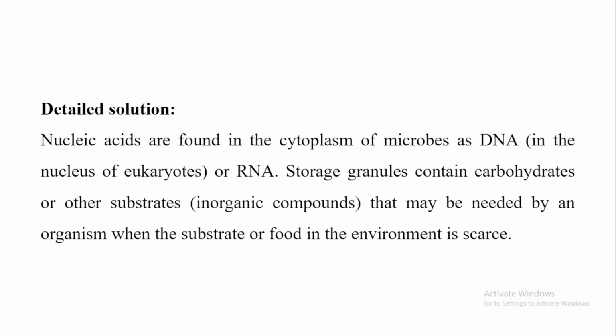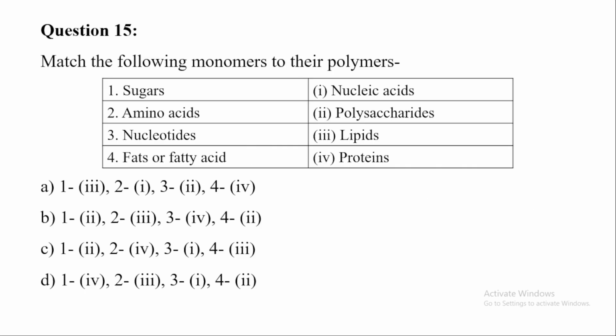Okay, question number 15. Match the following monomers to their polymers. Here we have monomers given: sugars, amino acids, nucleotides, fats or fatty acids, and the polymers are nucleic acid, polysaccharides, lipids and proteins.